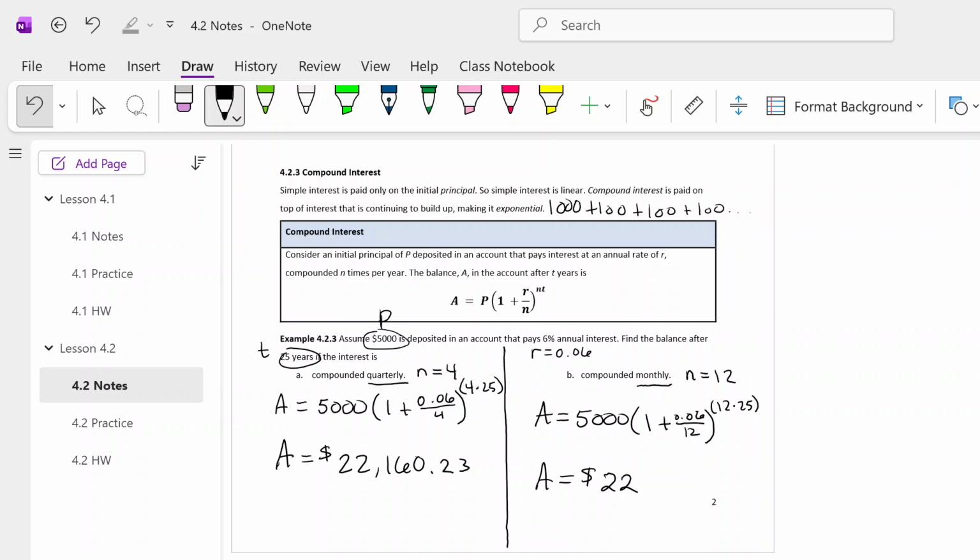So we got $22,324.85. When you build your interest on top of itself more times in a year, you're going to earn a little bit more money. But for you guys, 25 years, if you put in $5,000 and you got this interest rate, I'd be fine walking away with 22 grand.